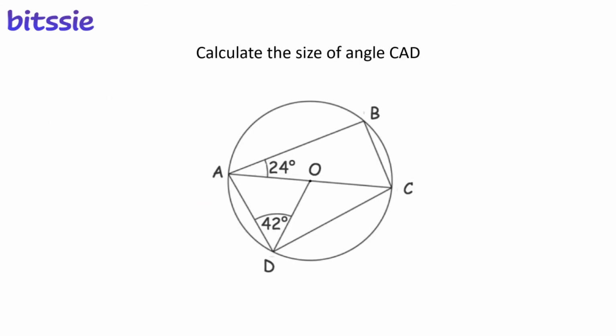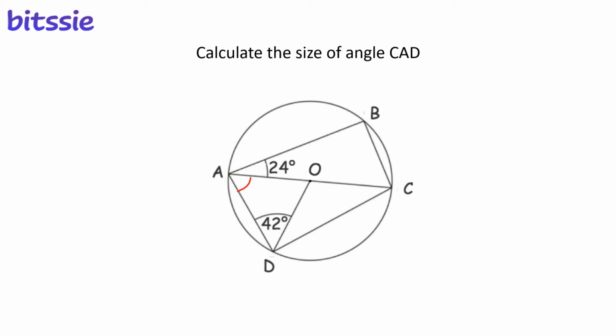Now on to question 5. We need to calculate the size of angle CAD. Let's just draw that on quickly. You may have already noticed that the shape A, B, C, D is a cyclical quadrilateral.